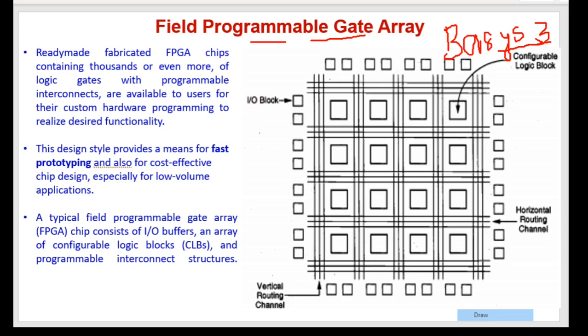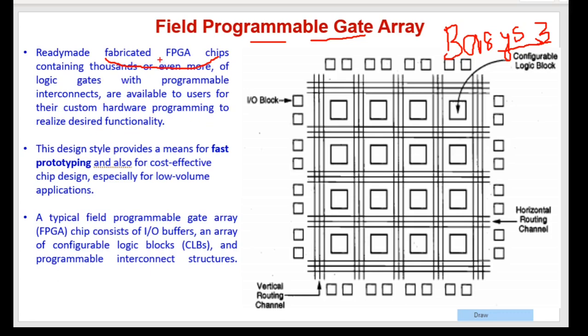In this case we have ready-made fabricated FPGA chips that contain thousands or even more logic gates with programmable interconnects, available to users for their custom hardware programming to realize desired functionality, right?